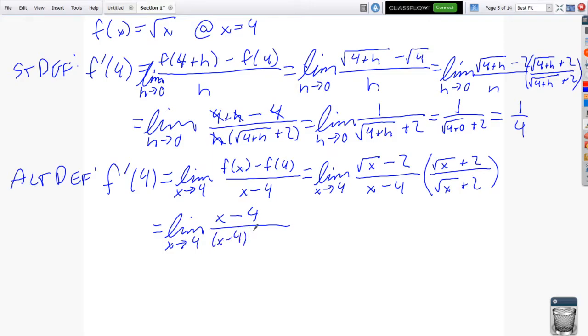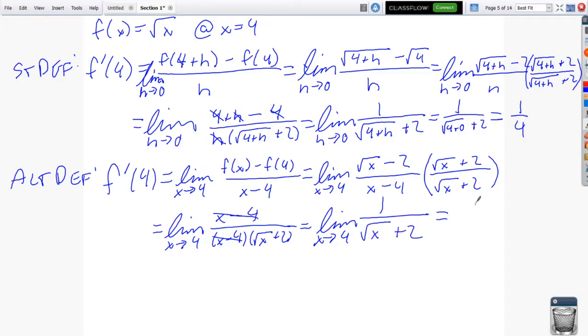If you can't figure out right now, just look at what I just wrote. If you FOILed it out, you'd have to refactor it to be able to cancel stuff out. So here, it just cancels right away. We have the limit as x approaches 4 of 1 over the square root of x plus 2.